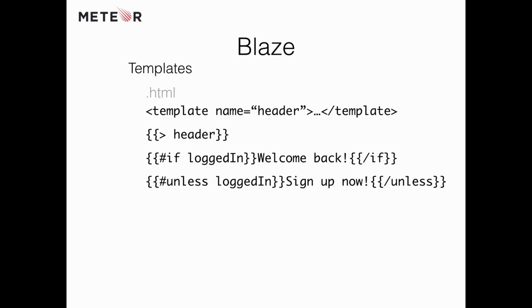So in this case, if the user is not logged in, we write sign up now. And another thing we get is each, which is a loop, and it'll loop in this case through our array of to-dos and print out a to-do template. And Meteor, or Blaze, will automatically give the template the data from the current to-do in our array of to-dos. And we'll see that in code, it'll make more sense.